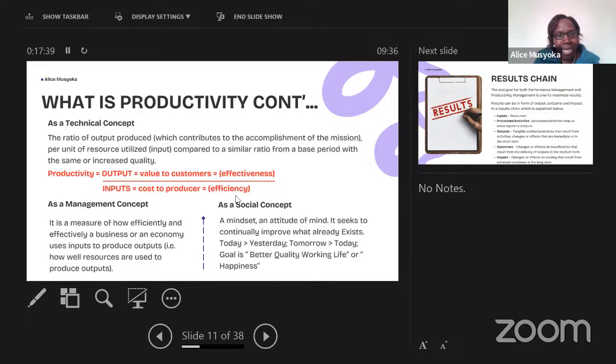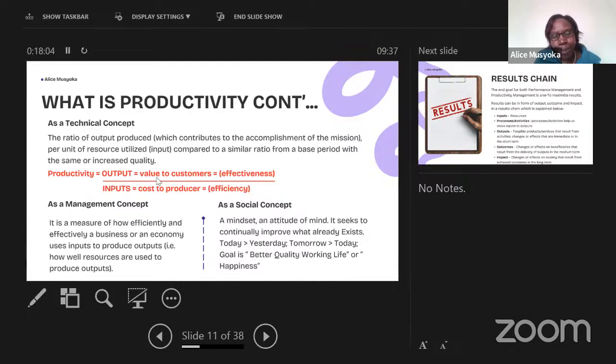And for those who are good in mathematics, inputs are the denominator. And when the denominator is higher than the numerator, what happens? What is the result? The result is lower, isn't it? As opposed to when the denominator is lower than the numerator.